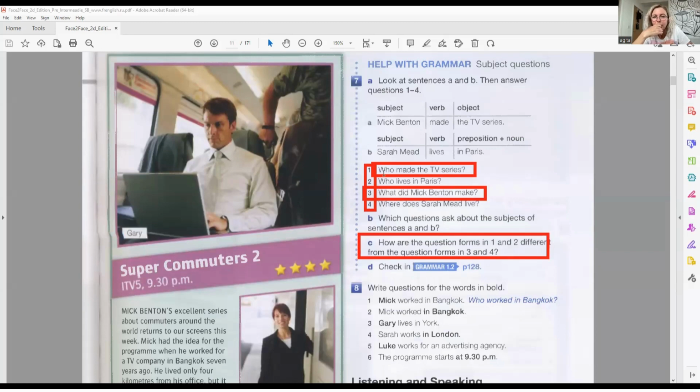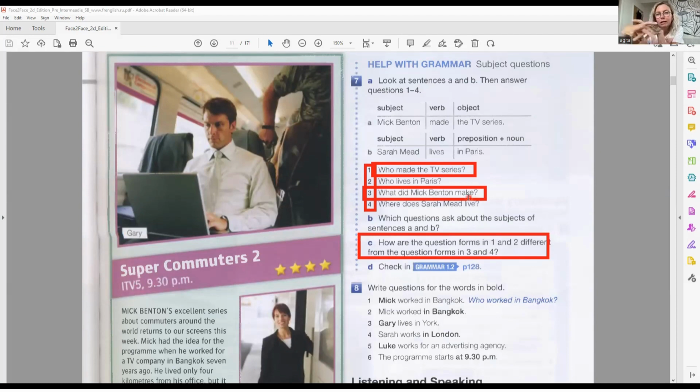In the subject question, we have the question word, the verb, and then the object. In the non-subject question, we have the question word, an auxiliary verb, then the subject, and then the main verb.